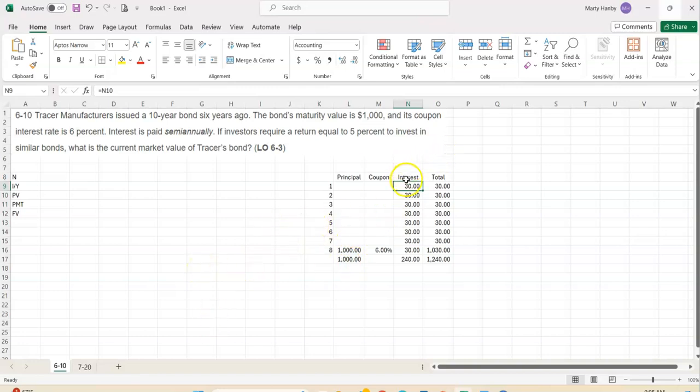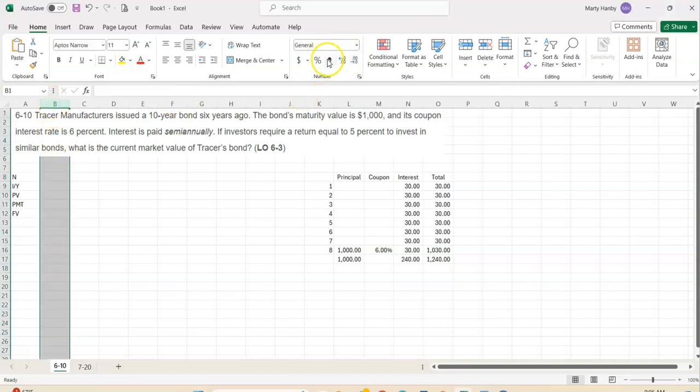So anyway, we have the interest or the coupon payments, and then the total is the principal plus the interest. Since we only have one principal payment, we have a constant $30 coupon payment, and then in the last period we're going to receive both. So to calculate, let me format this.